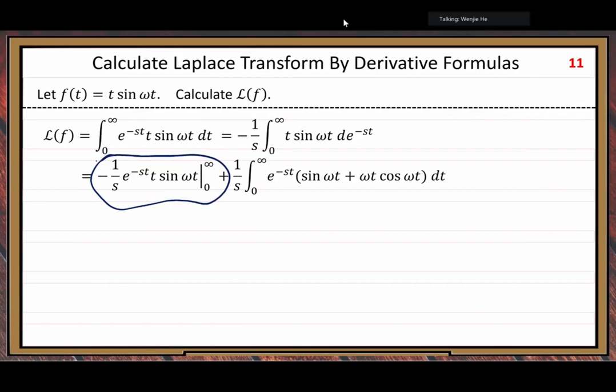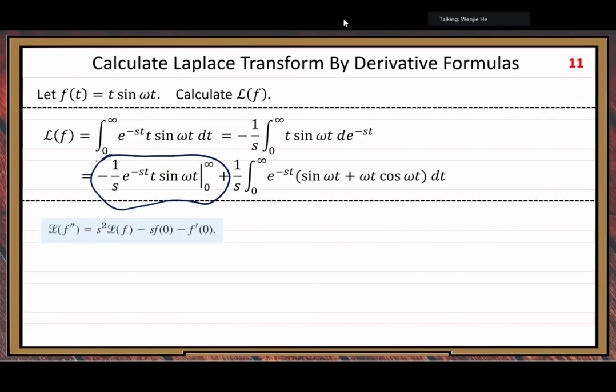If you look at the limit as t goes to infinity, because t is a polynomial and the e function is an exponential function, a polynomial cannot compete with an exponential function, right? Exponential grows much, much faster. The sine function is a bounded function, so you can easily see the limit at infinity is 0.